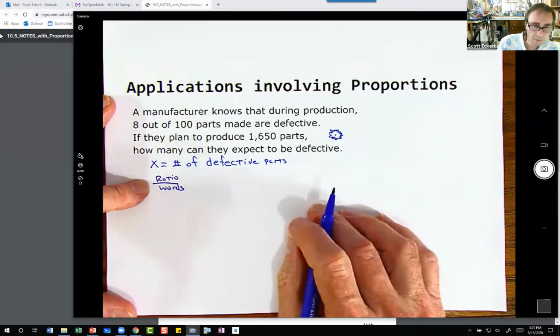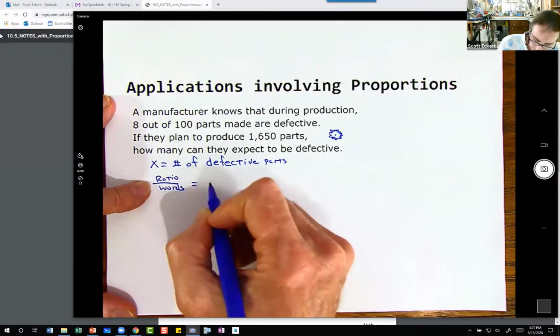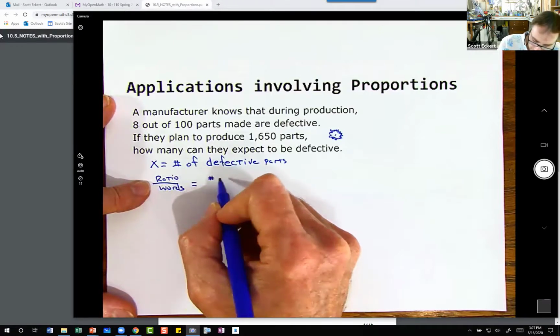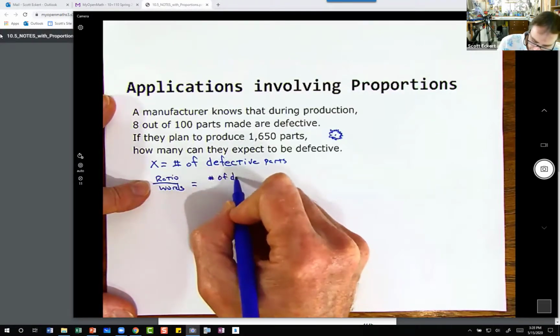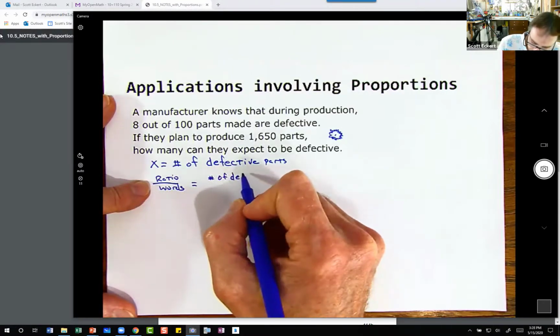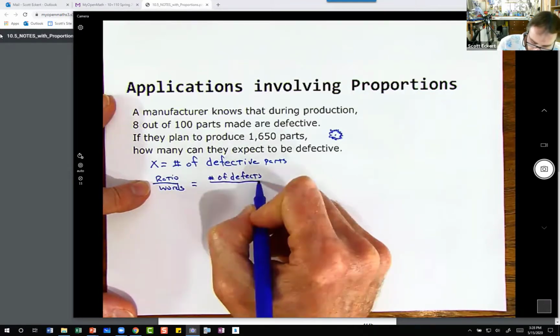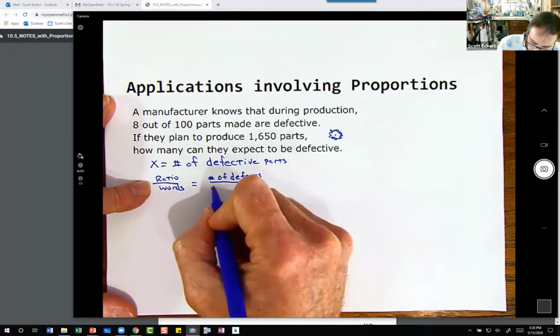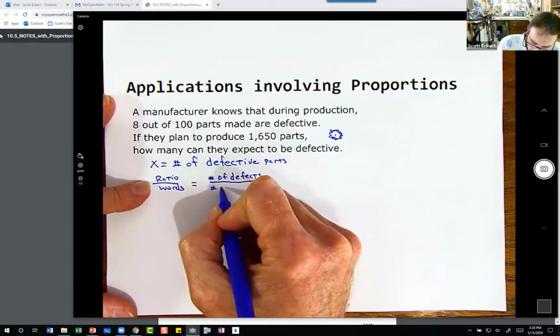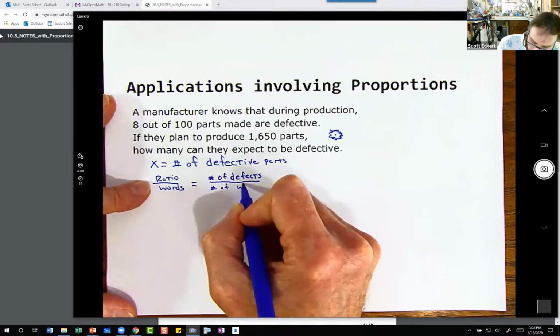What are we going to put on the top and what are we going to put on the bottom? How about number of defects compared to the number of the whole.